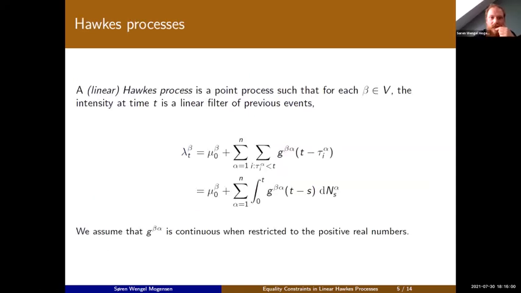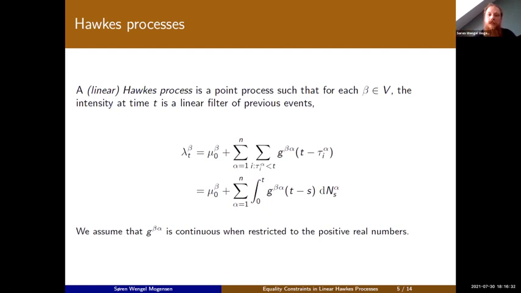A linear Hawkes process is just a point process, but with a certain condition on the intensities: essentially, that the intensity is a linear filter of previous events. What do I mean by that? I have my intensity in the beta process that's decomposed as a constant term mu, which is the rate with which we have exogenous events in this process. Then we have a sum over the coordinate processes, and then a sum over previous events.